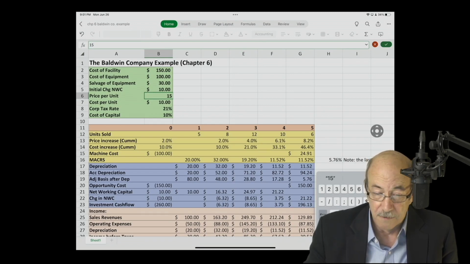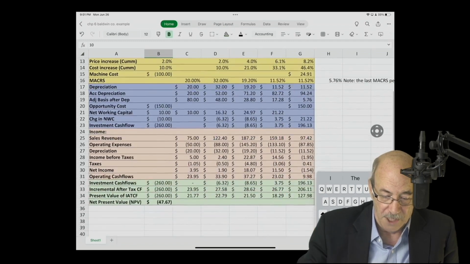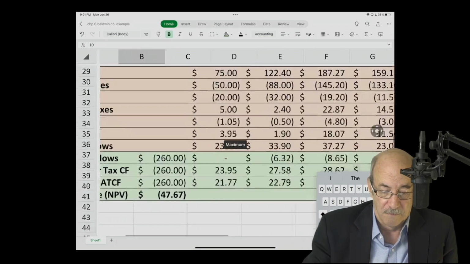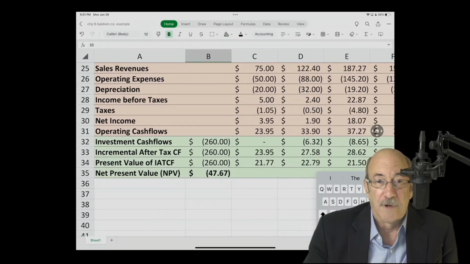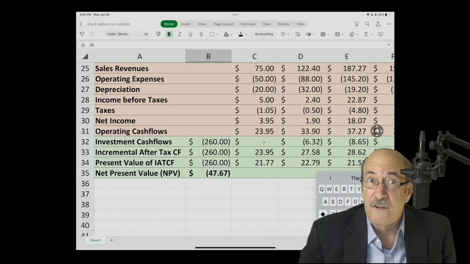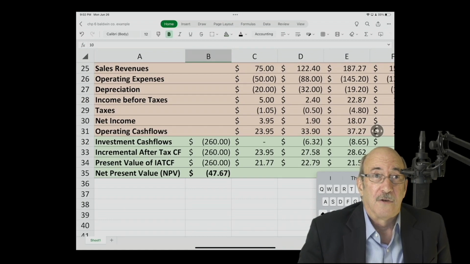Well, let's see. The answer is, oops, no. I go negative. So I'd really like to know, what's the sensitivity of the market to the price of the bowling balls I'm going to be producing?